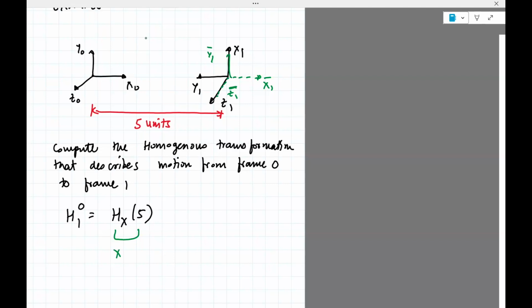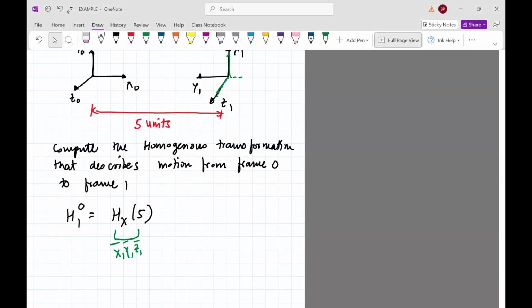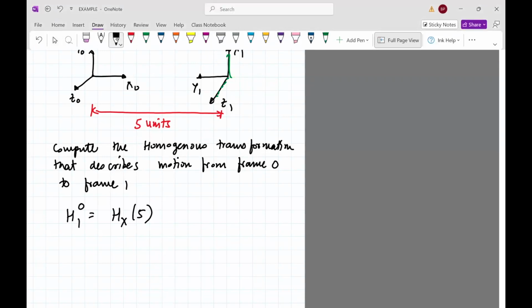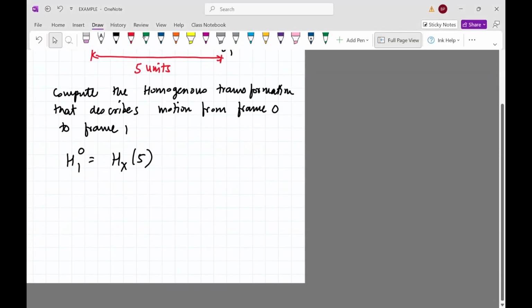So once it sits here, let's just draw this. Now, let me not clutter this. It'll be easier to just draw it here.